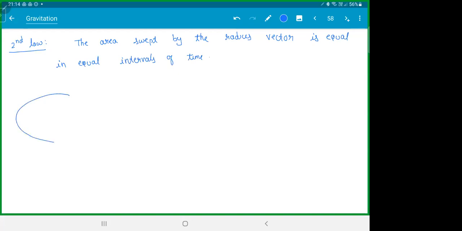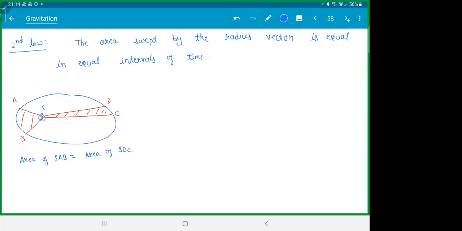Meaning, if the sun was here, let's say in time t, you have traveled from A to B. And in another time t, you have traveled only from C to D. Because you're farther, you're going slower. So what this law says is the area of SAB is equal to the area of SDC in equal time.